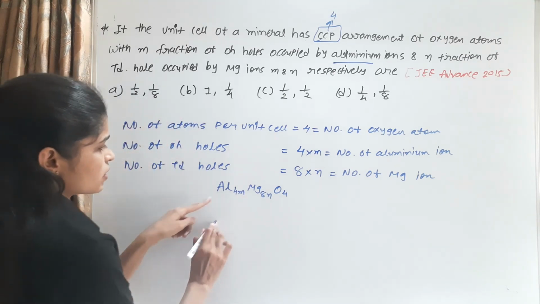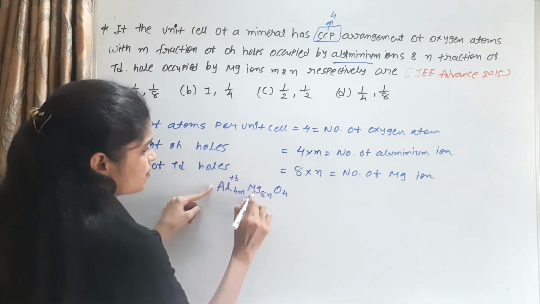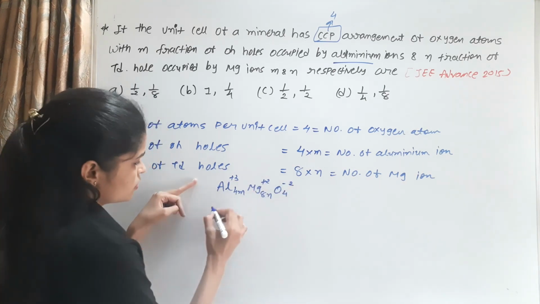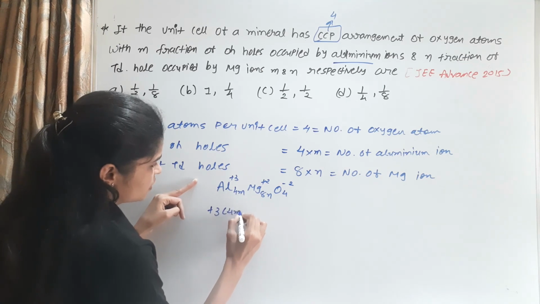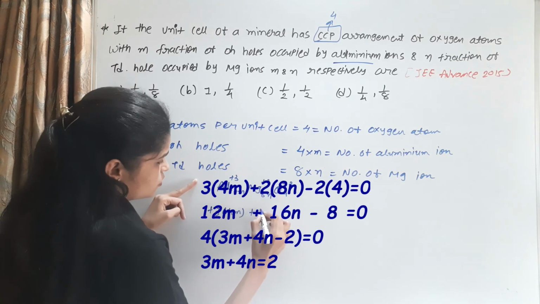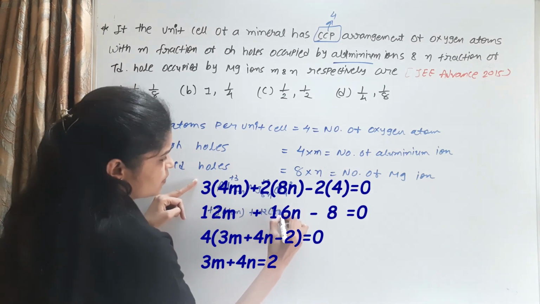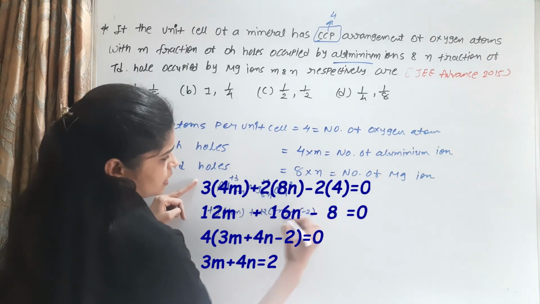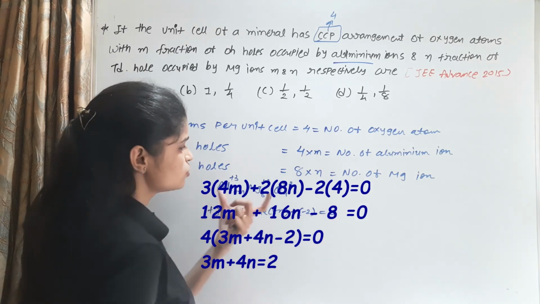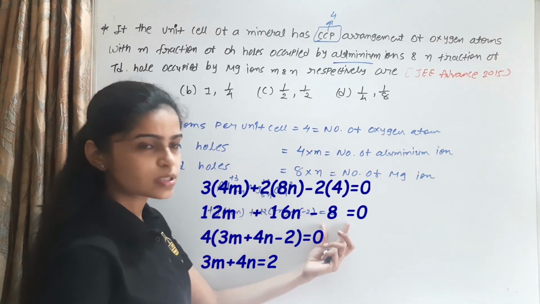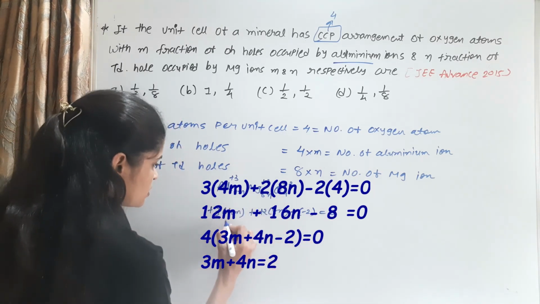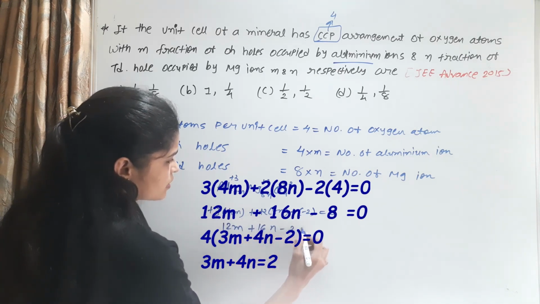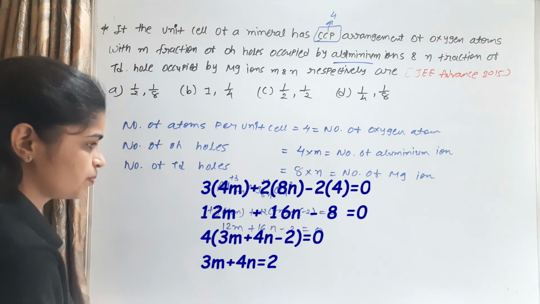Aluminium's charge is plus 3, magnesium's charge is plus 2 and oxygen is minus 2. So plus 3 multiplied by 4M, plus 2 charge multiplied by 8N, minus 2 charge multiplied by 4, is equal to 0, because it is neutral. Then we get 12M plus 16N minus 8 is equal to 0.